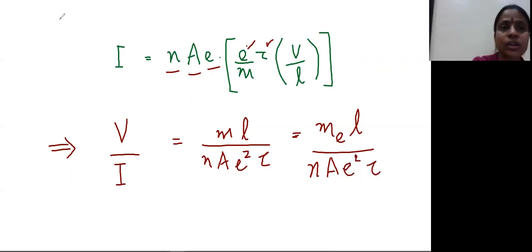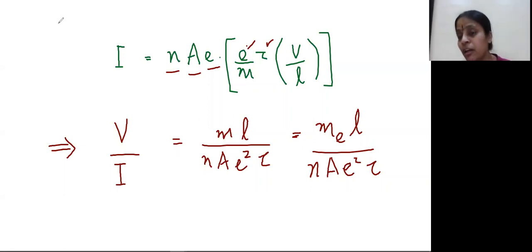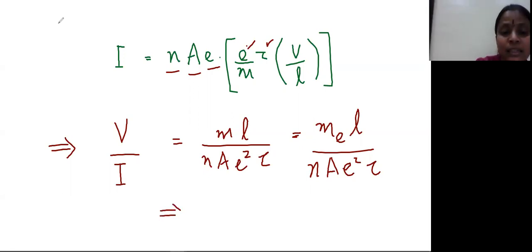Tau, the relaxation time, it is the average relaxation time for a given electric field in a given conductor. So if you look at the right hand side, we see that under conditions that are maintained during the experiment, the quantity on the right hand side remains a constant. That means this expression implies V by I is a constant.